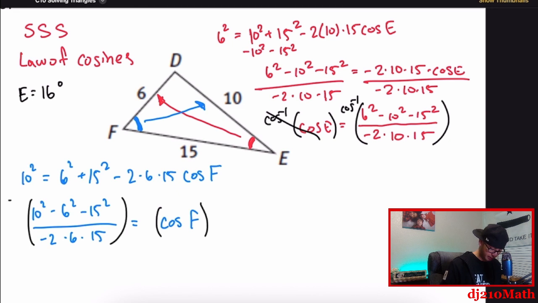Taking the inverse of both sides, F is going to equal cosine inverse of 10 squared minus 6 squared minus 15 squared over negative 2 times 6 times 15.